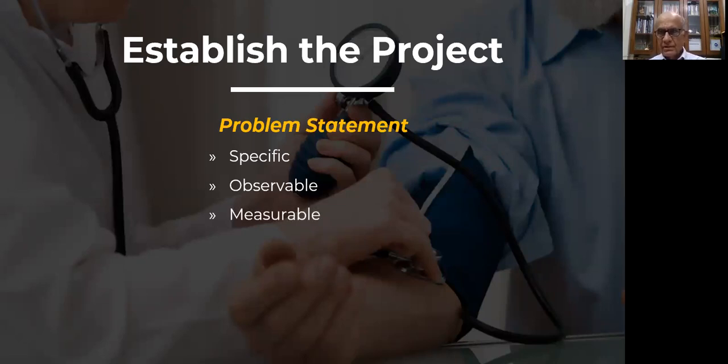Should be measurable. What you measure, you can improve. And it should be of a manageable size for a team that meets periodically, regularly, and a team that can meet regularly for about, say, 3 months, 4 months.